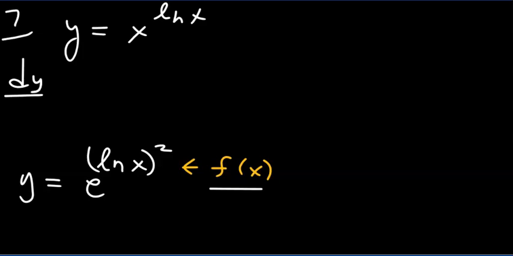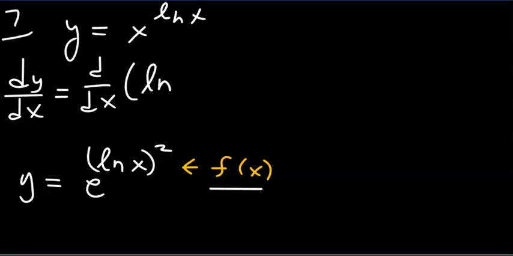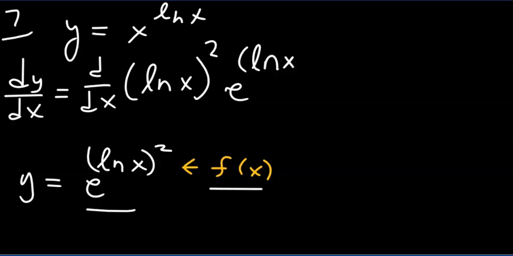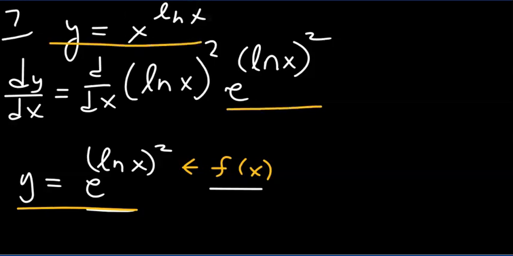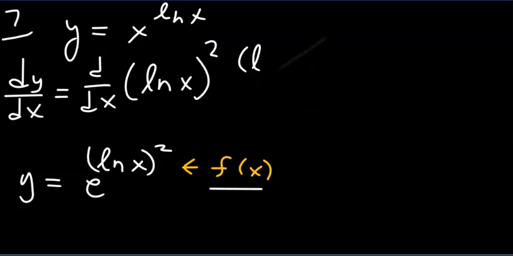So dy/dx is d/dx of that f(x), which in this case is (ln x)², times the original function, namely e^((ln x)²). And since this is the same as that, we can replace this with just that. So this becomes x^(ln x).